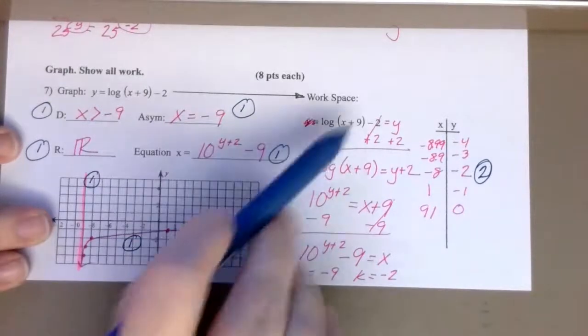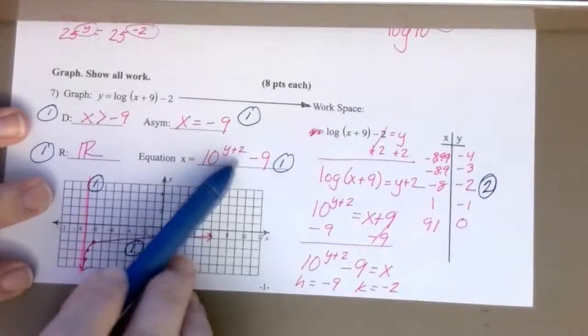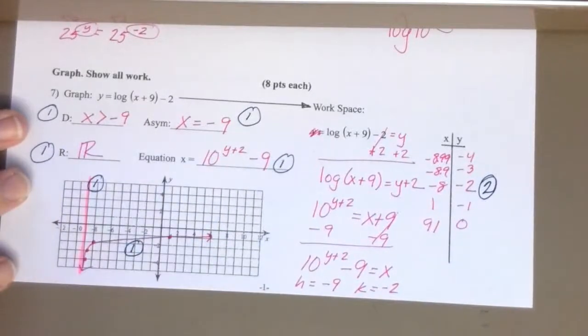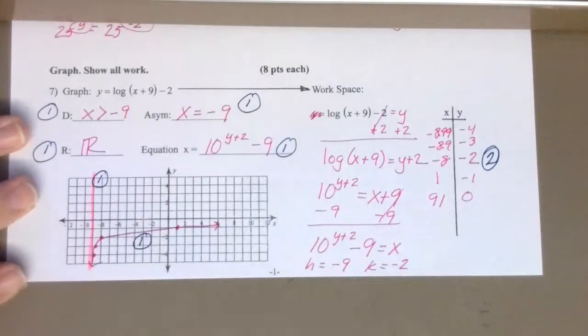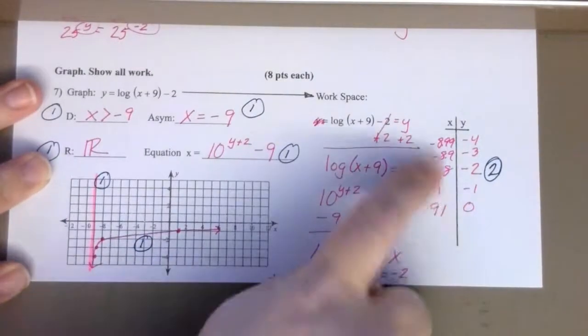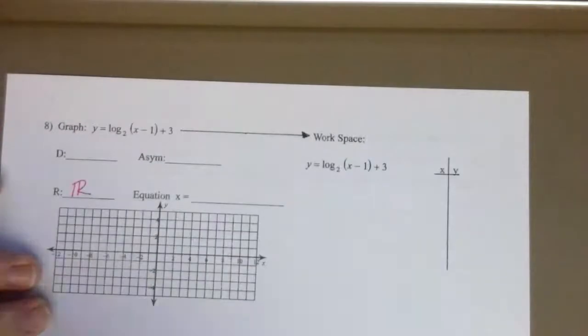I do not give credit here simply because that point is taken care of right here. So that's how the 8 points got broken down. Are those 5 points over here important? Because that's where you get 2 of your points from. Okay? All right, backside. Here we go.